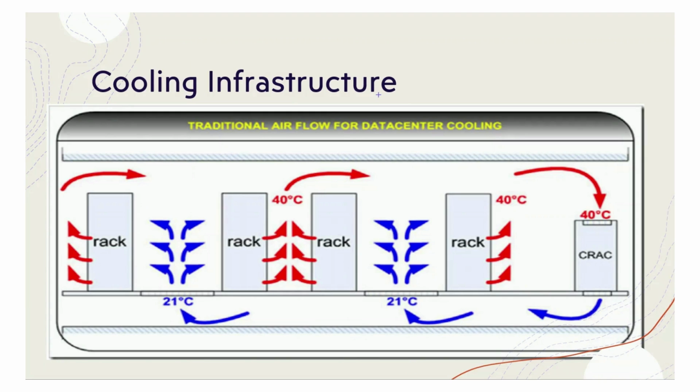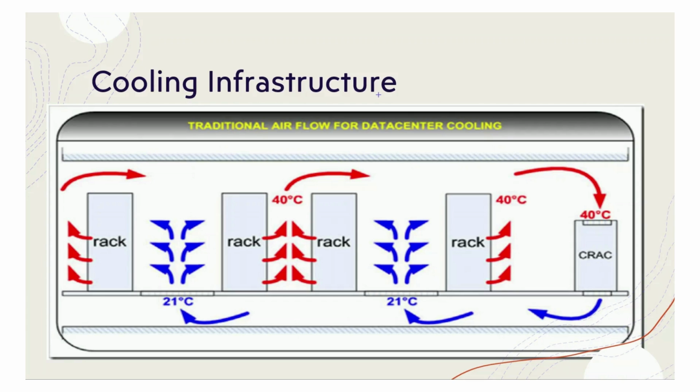You can see the CRAC, the computer room air conditioning system, bringing up cold air, which is about 21 degrees Celsius. You can see the arrangement of the racks. The racks are facing each other.